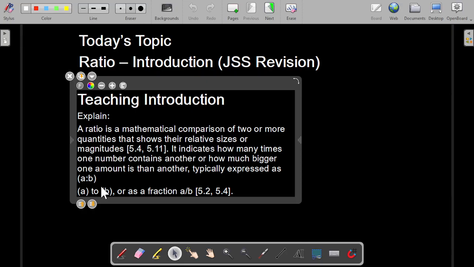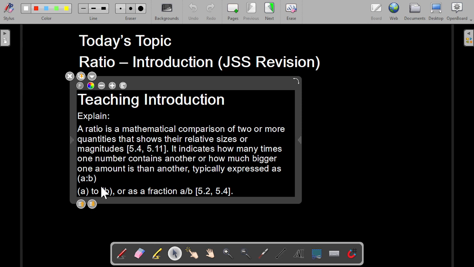Maybe you have, for instance, a bowl of fruit that contains mangoes and oranges. You say, what is the ratio of mangoes to oranges? So it is very important, and we use them in our daily life. They are used to compare quantities or two numbers, or how much bigger they are than others, as we are going to be seeing. They are very important and very necessary.